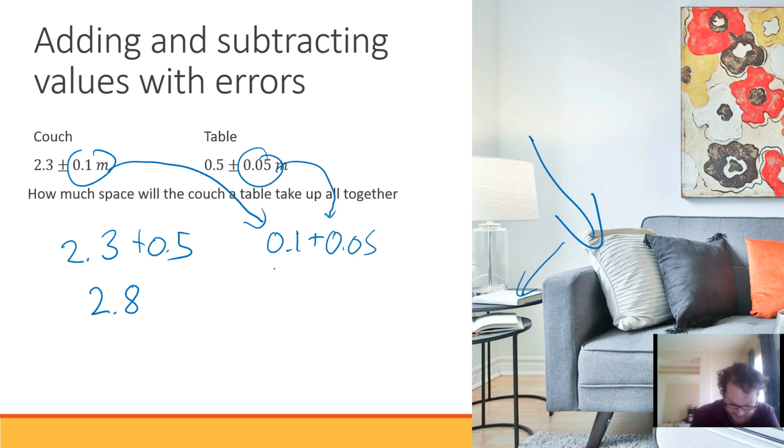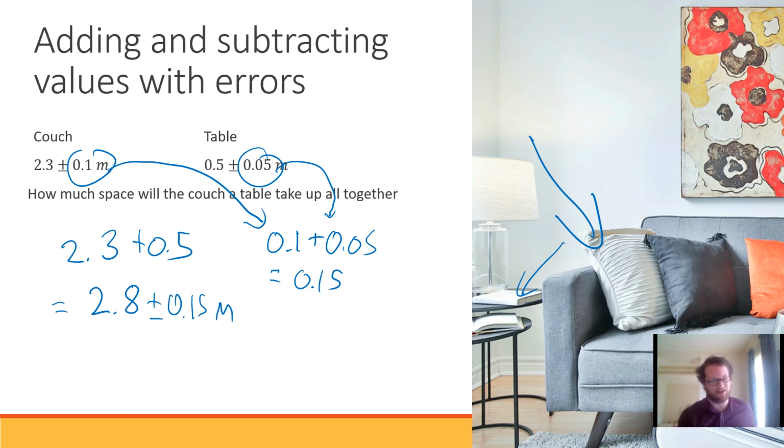So if I add these together, then that's going to be 0.15, which means that if I add these together, it's 2.8 plus or minus 0.15 meters. So that's the total error.